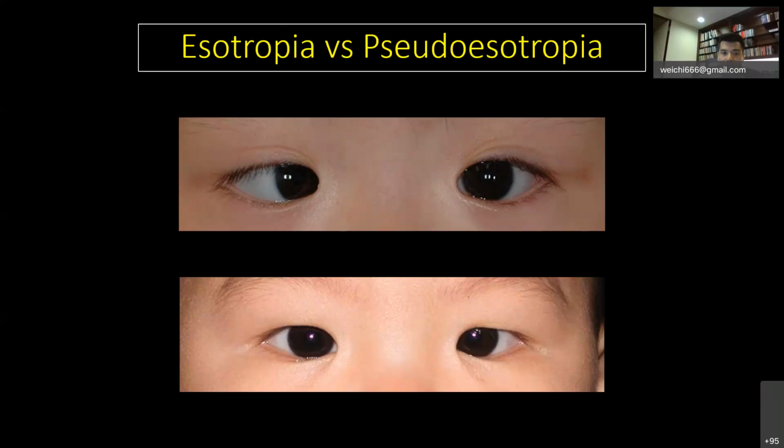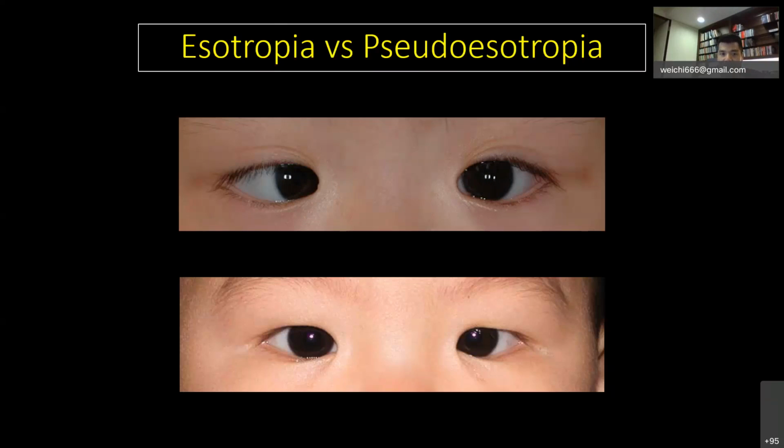I think there's another tip you could use, that is the light reflex. You can see that in this photo, the light reflex of the patient's left eye was in the center, but in the patient's right eye, the reflex was actually at the temporal side.